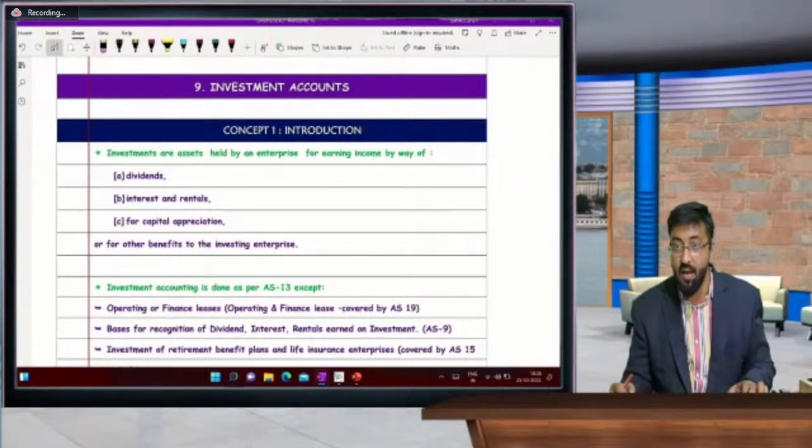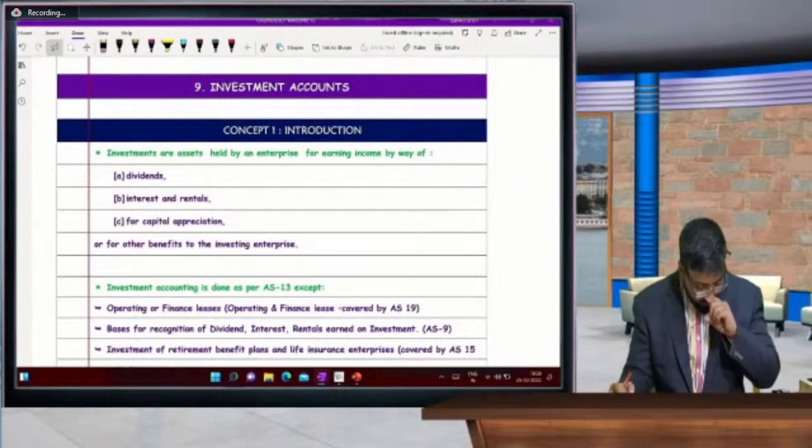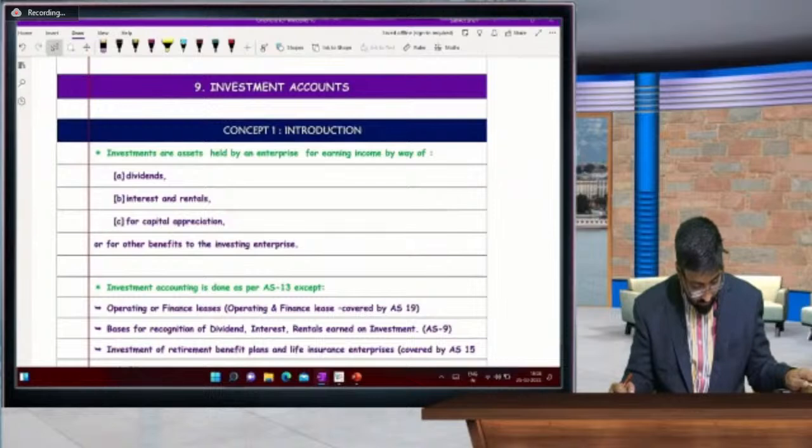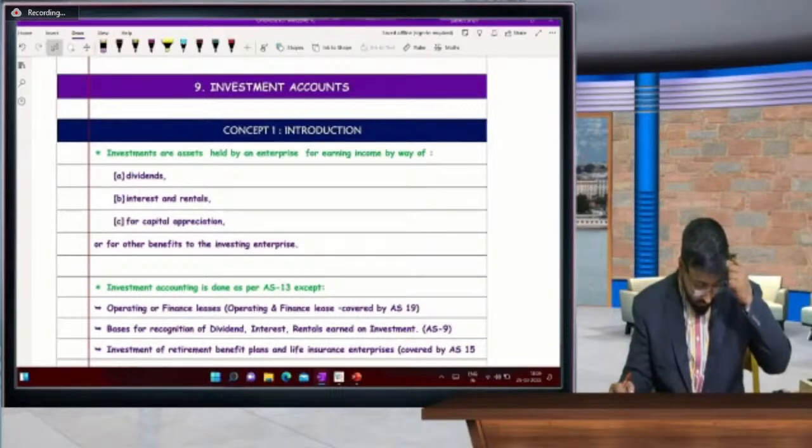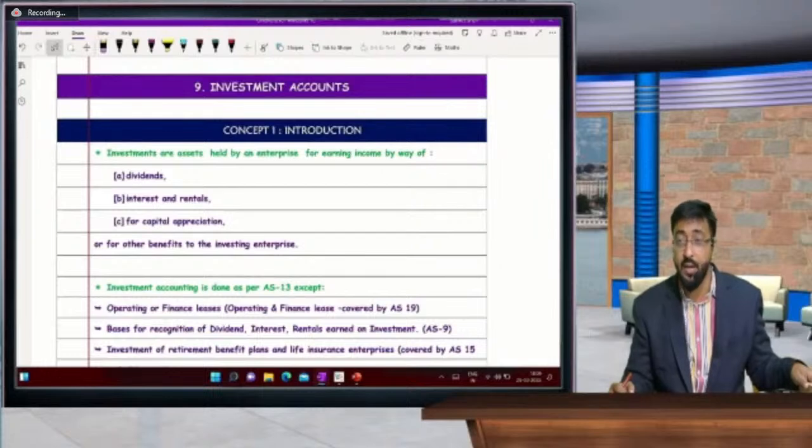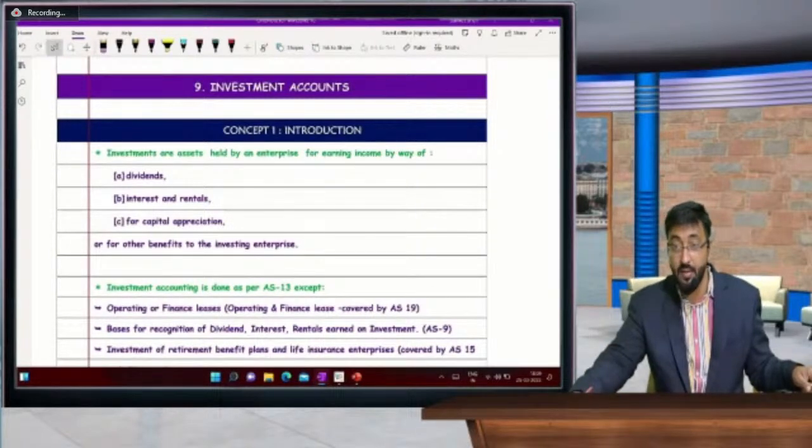Today, yes, Friday. Tomorrow you have a holiday. Okay, almost everyone is saying theory. Maximum students are saying theory first. Okay, let's do theory. Beta, tomorrow you have a holiday, but make sure. Pratham and this group of the Pune branch are going for a picnic, but I suggest you study because you have maximum syllabus and minimum time.